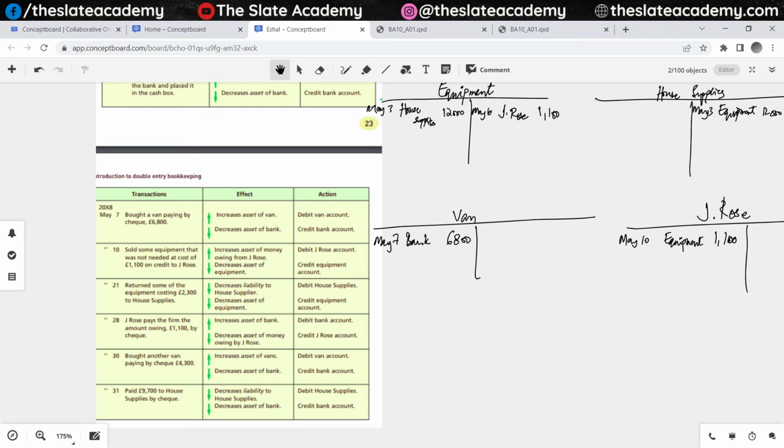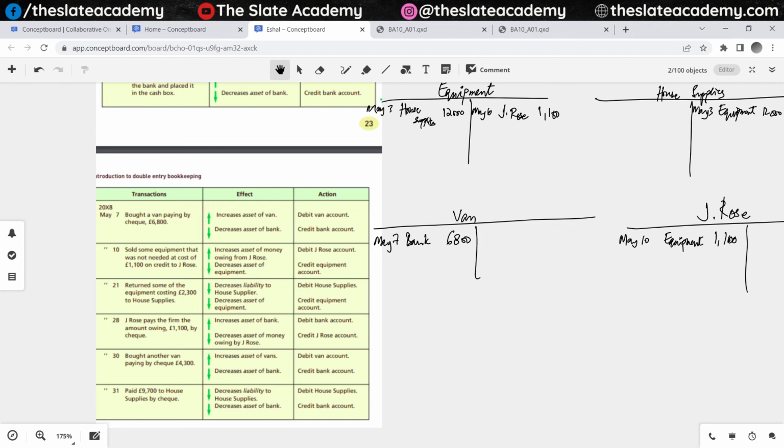So when we are returning the equipment that we no longer need, since we haven't made the payment yet, it would decrease the liability. So the asset is decreasing and also the liability is decreasing. When an asset decreases, we credit the account, and when a liability decreases, we debit the account. Excellent.